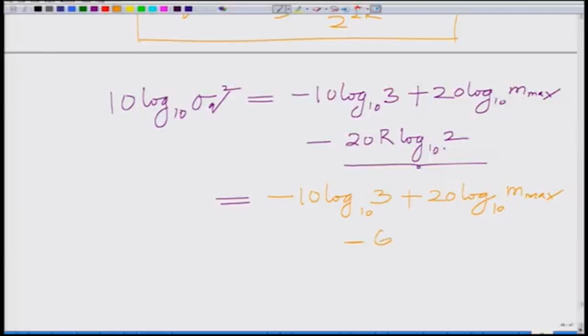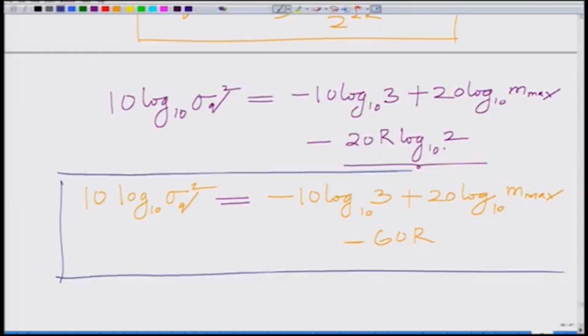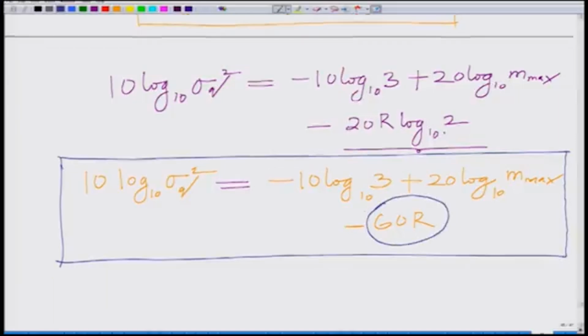So, minus 20 into 3, minus 60 r, this is your noise power. So, if you look at this, this is the noise power. You can see the dB noise power decreases by 60 r, that is for each additional bit it decreases by 60 dB.